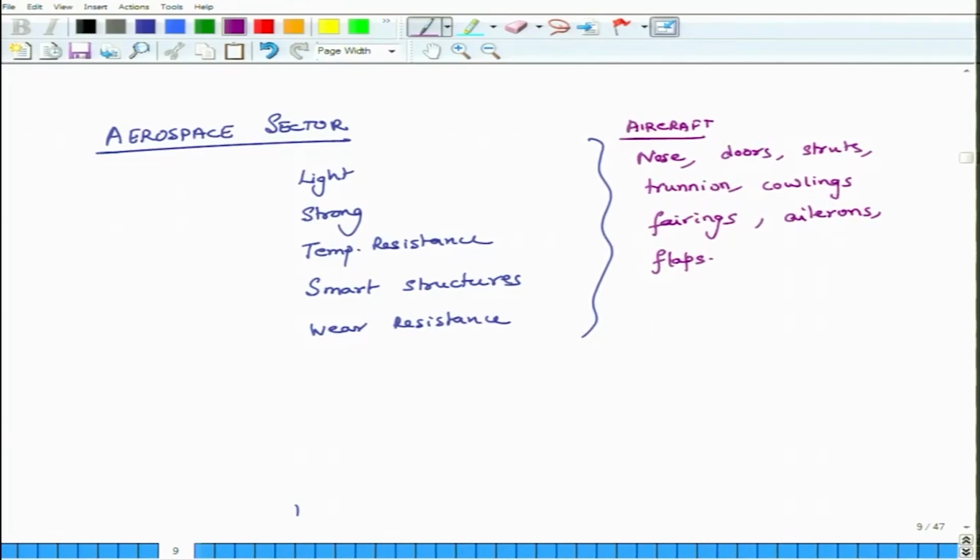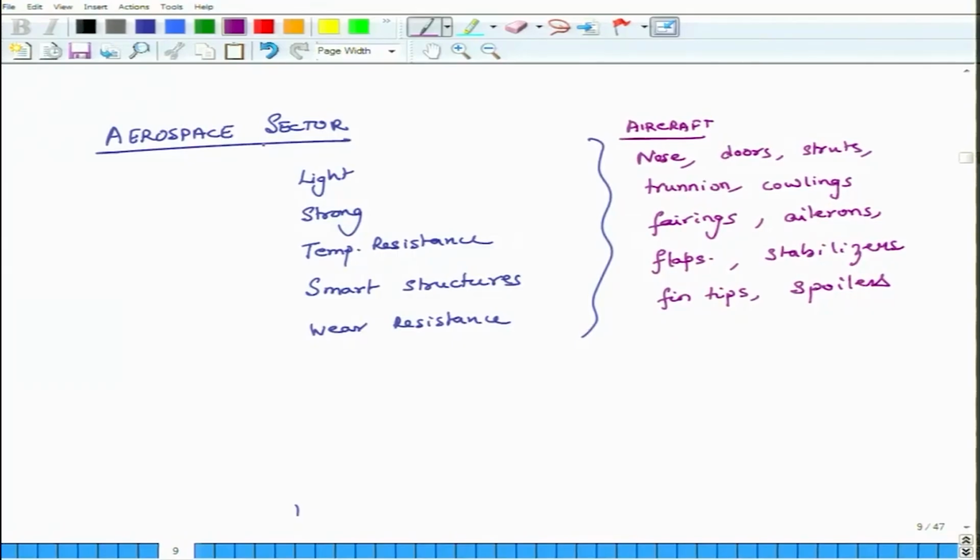Then you have stabilizers, fin tips, spoilers, and so on and so forth.